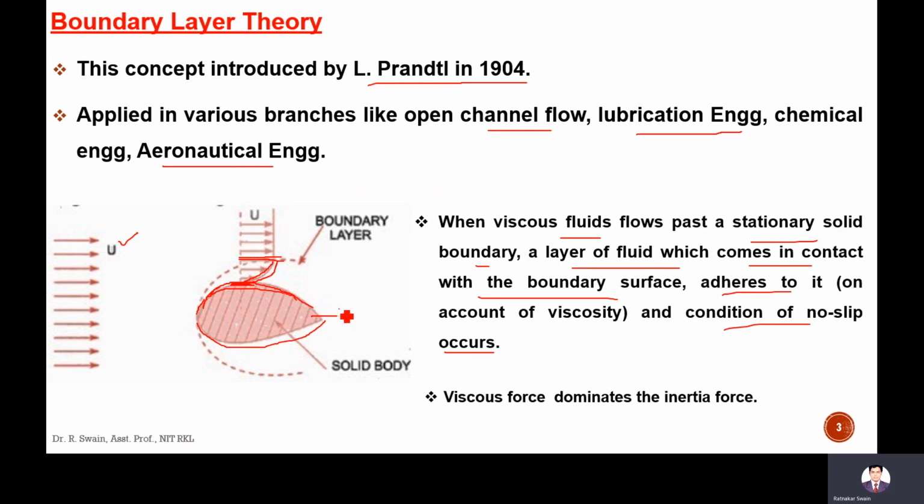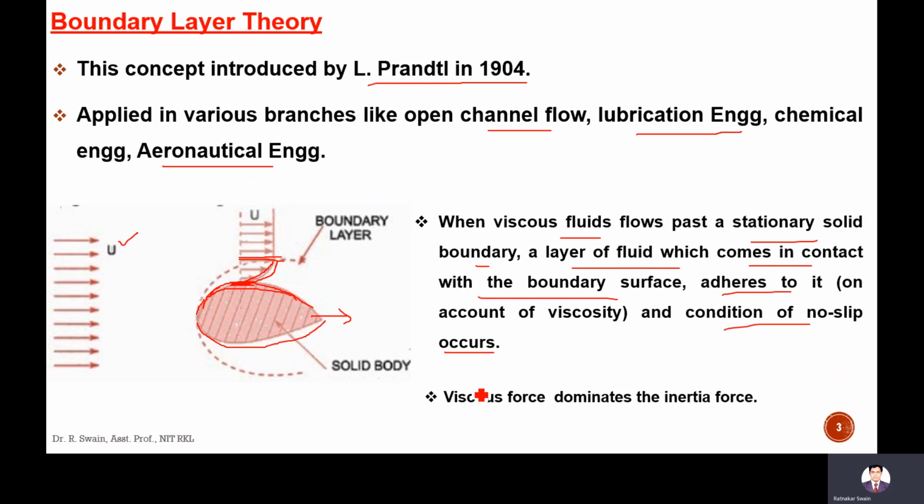If this body is moving at some velocity, then the fluid velocity at the contact will be the same as the velocity of the boundary surface. If it is 0, then that will be 0. If it has a velocity, then there will be the same velocity.